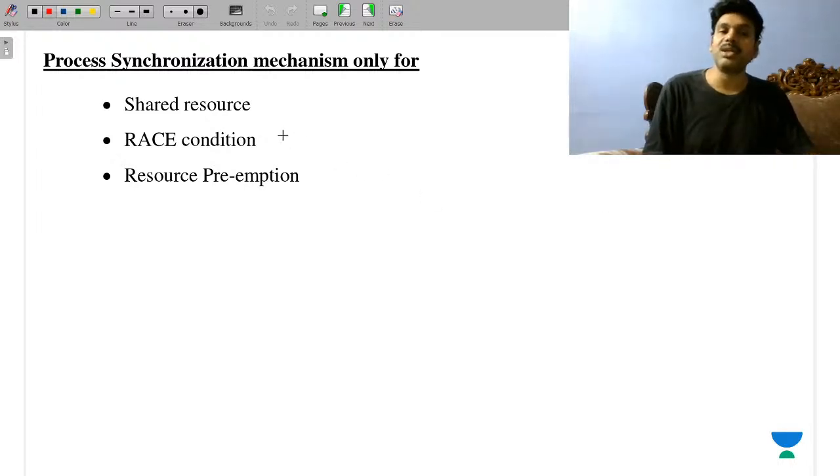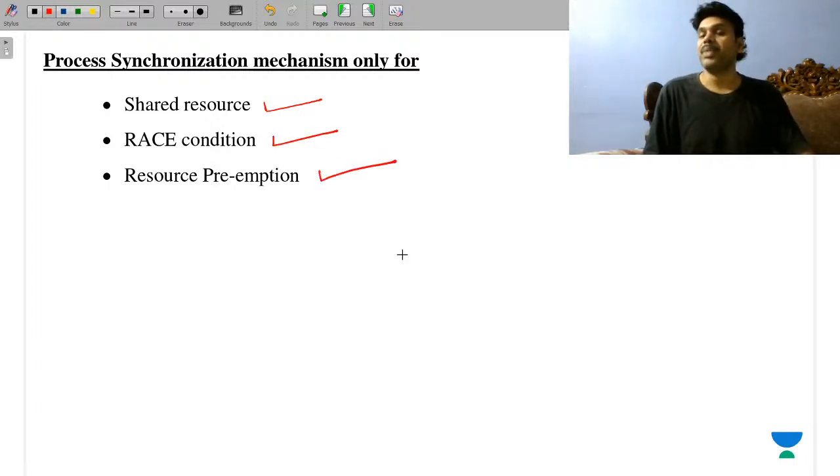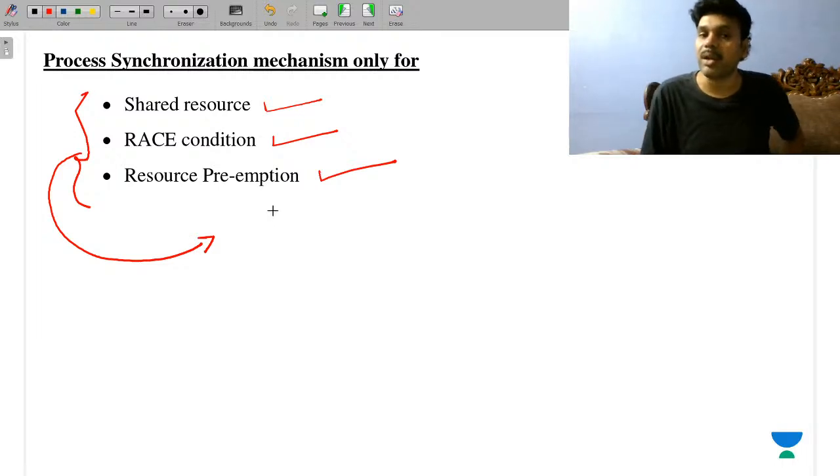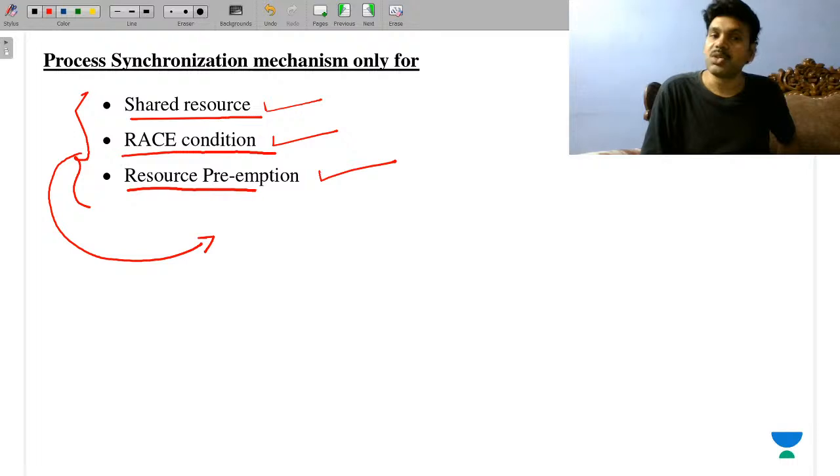What are the limited conditions? Only for shared resources, only when there are race conditions, only when there are preemptions. Please understand, all three belong to which kind of execution? You can comment. All three: shared resources, race conditions, resource preemptions are in which kind of execution?